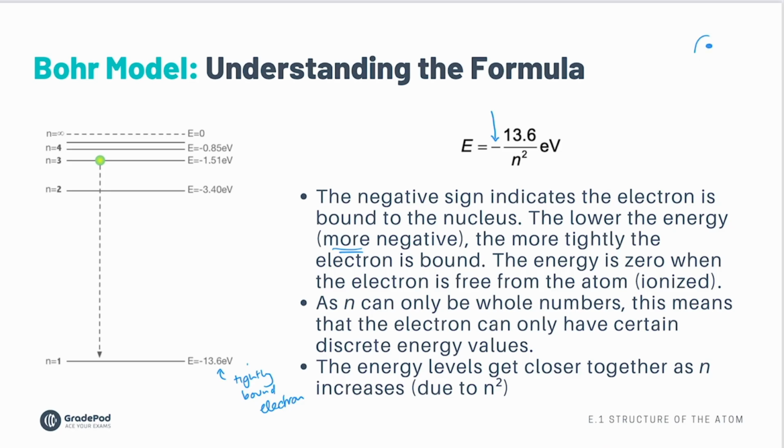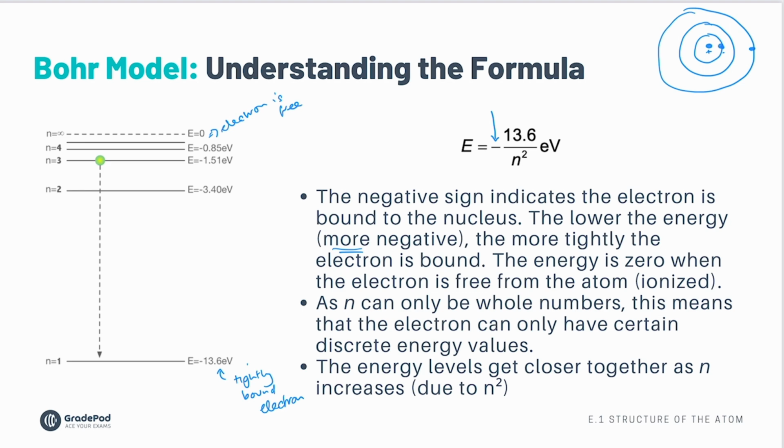If you imagine the electrons in their orbits, like this electron here in n equals 1 is more tightly bound, because that's positive, that's negative, and they're more tightly bound than they would be if the electron was way out here. So that kind of makes sense, right? The energy is 0 when the electron is free from the atom. So the energy is 0 up here when the electron is free. It's not bound to the atom at all.